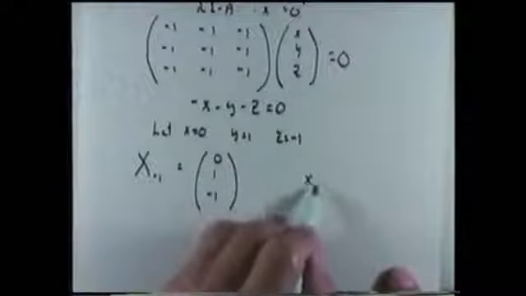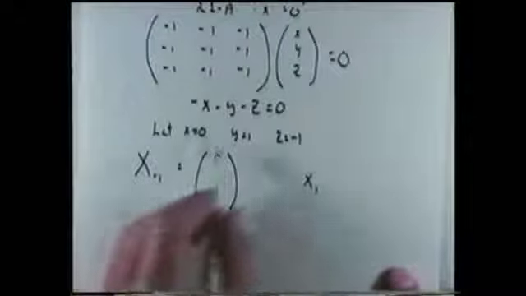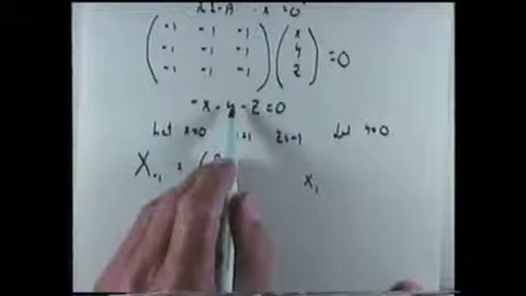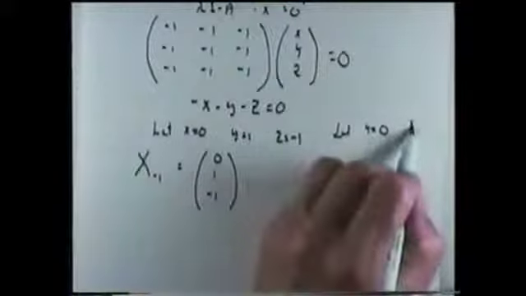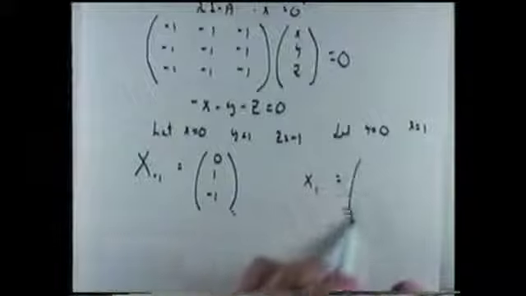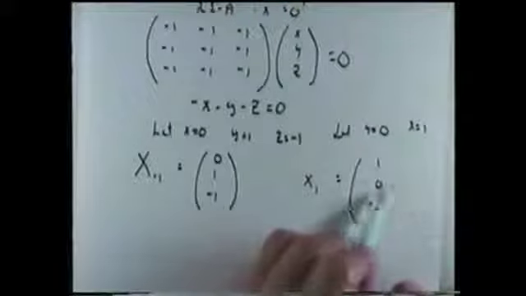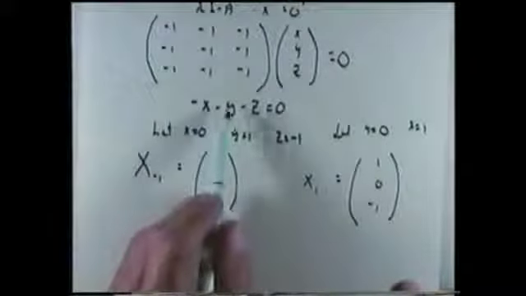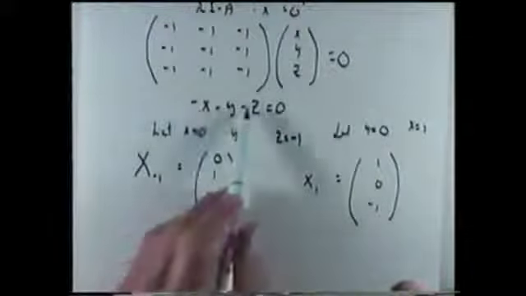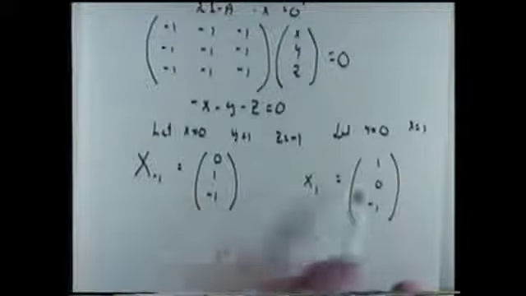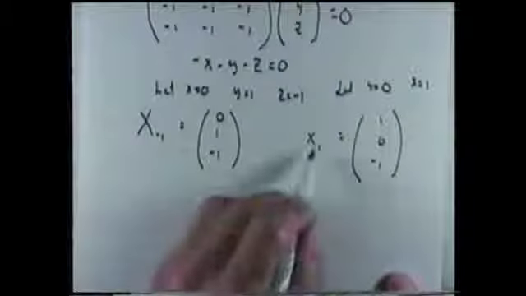We can get another x associated with it if we let y equal 0. Well, if y is 0 and x is 1, then z would have to be -1. So I get 1, 0, -1. So it would be a -1 minus 0, subtract a -1, be a -1 plus 1, which is 0. So here are two independent eigenvectors associated with the eigenvalue -1.